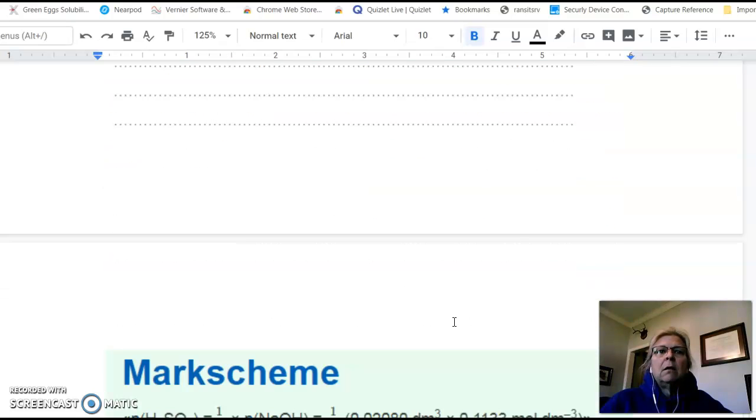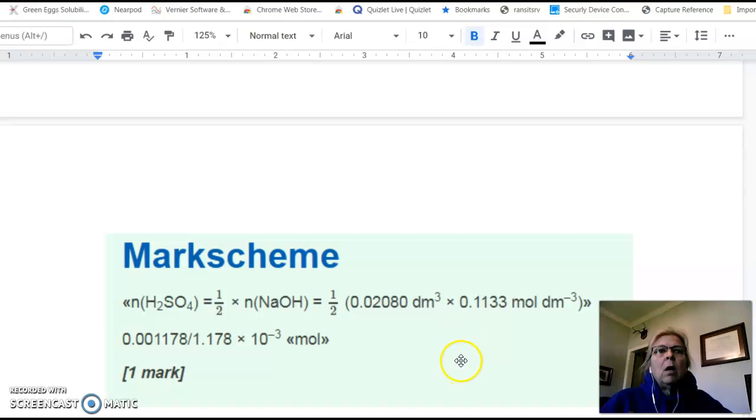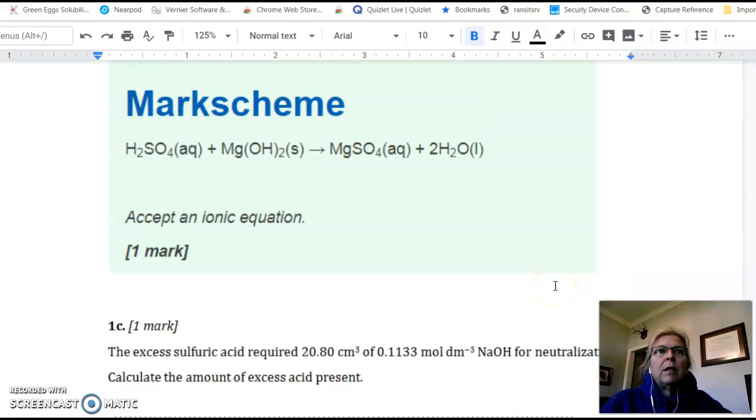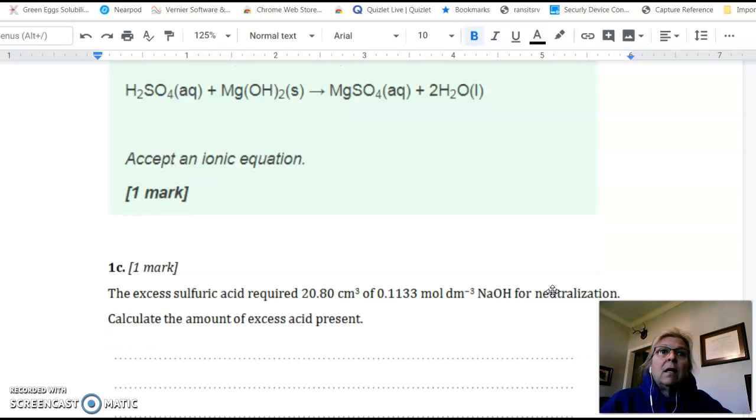And let's take a look at the mark scheme. In this one, they are using, now why did they use 1/2? Was there a mole ratio here of 1/2? No, I am seeing, why did they use half?